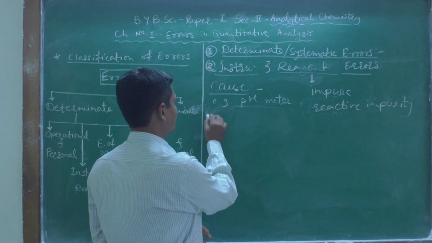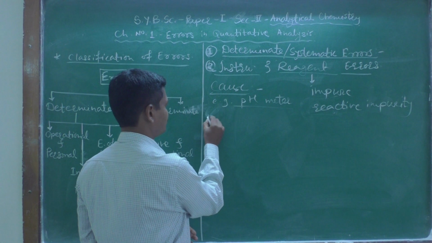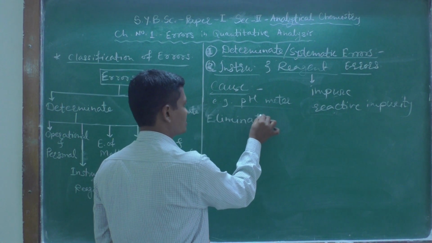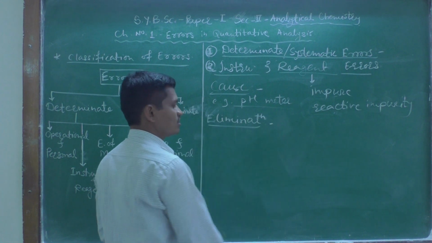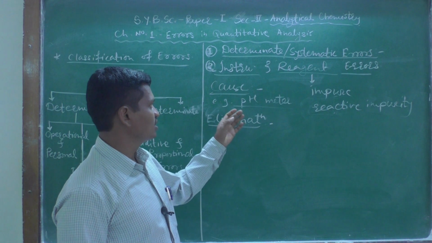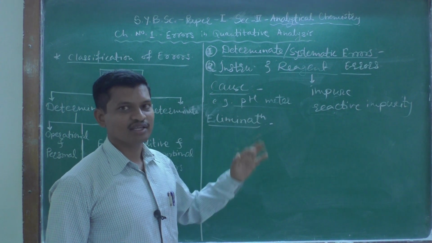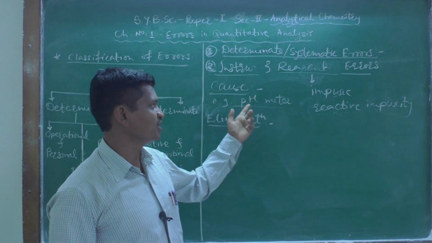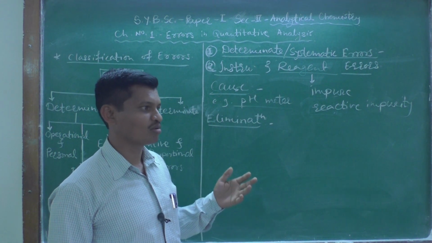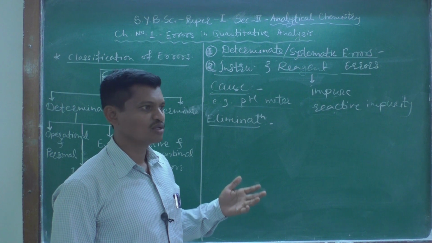Then how can we eliminate them? For example, let us say any instrument is there. So a pH meter is there, a voltmeter is there, or a conductivity meter is there.